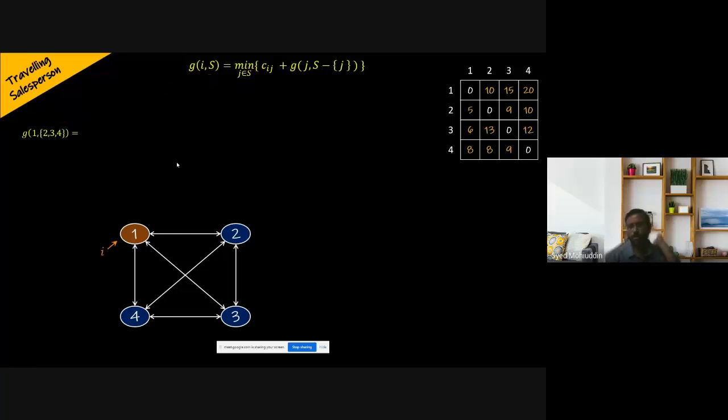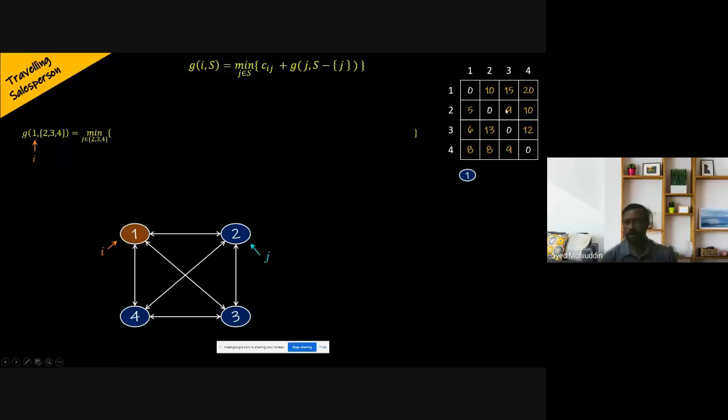Now this should be the minimum over j, which belongs to S. J belongs to S means S is the set 2, 3, and 4, so j can be any of these vertices. So within the equation we are now considering i as the first vertex.